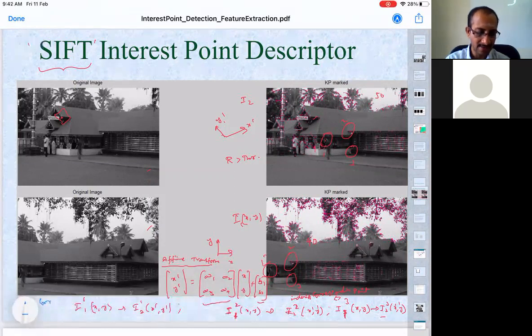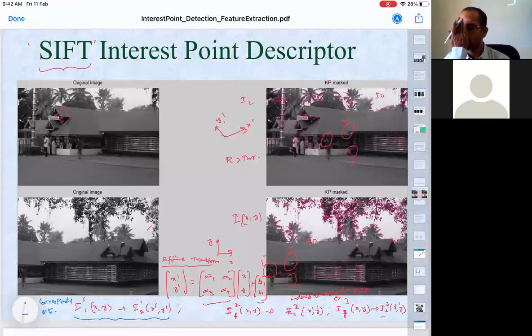I need some answer. One is sufficient? Why is one sufficient? If we have one, how many equations will it give, given this transformation? Yes, it gives only two equations.